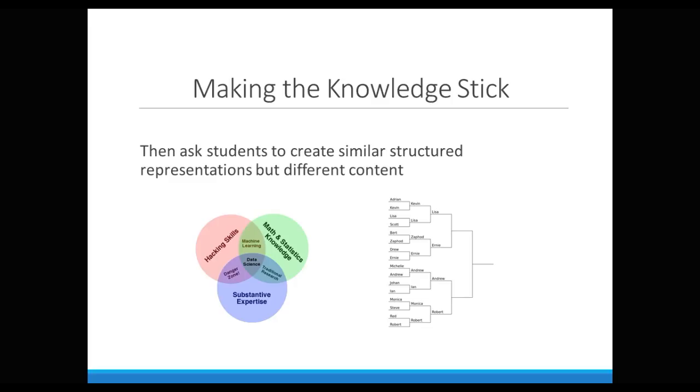So you're using the same structure but for different content. Or you could have students originally use a tree structure, or also called a bracket structure, to recreate the college basketball March Madness tournament from the year before, so that they understand the structure, and then have them use that same structure to map the succession of biological species or extinctions or evolution.